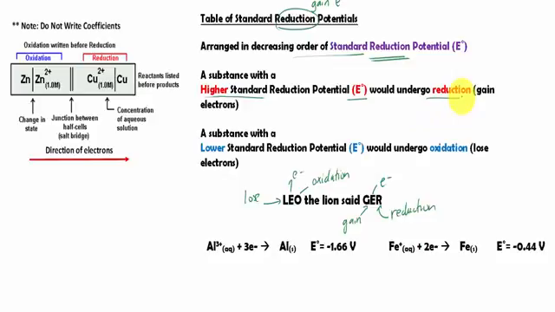That means it would gain electrons, whereas a substance with a lower standard reduction potential would undergo oxidation and lose electrons. So here I have one standard reduction potential for aluminum and one for iron. Which of the two will undergo reduction or oxidation?